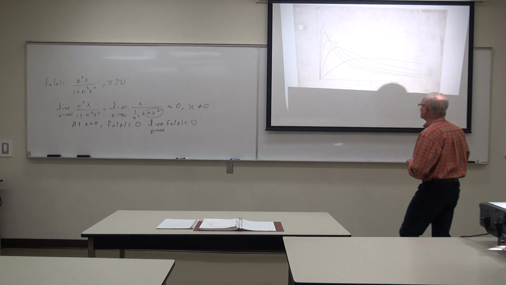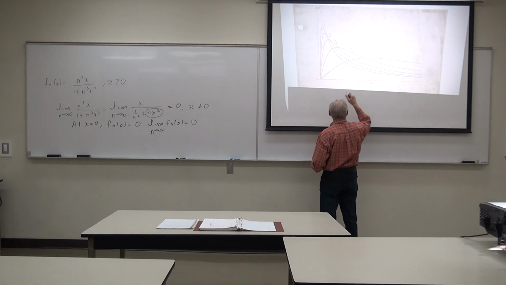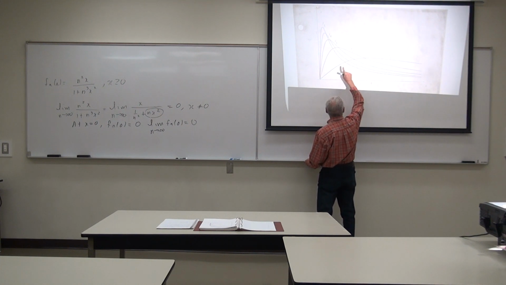But if you went, say, to this value of x, and you draw a vertical line, say, right there, to intersect all the dots, there's f1 of that number, then f2 is that one, f3 is that one.